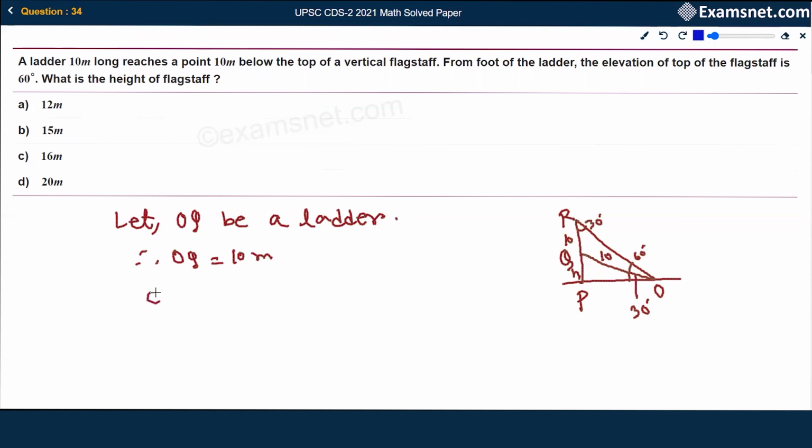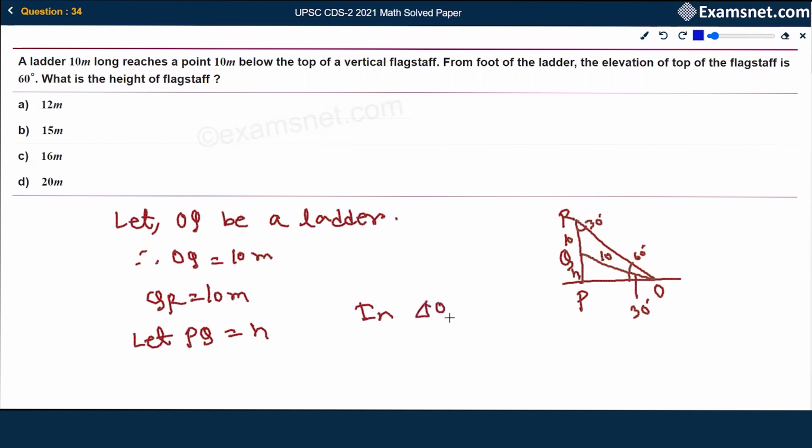So QR is 10 meter. We don't know the height of the flagstaff from the ground, so we can assume PQ is h meter.